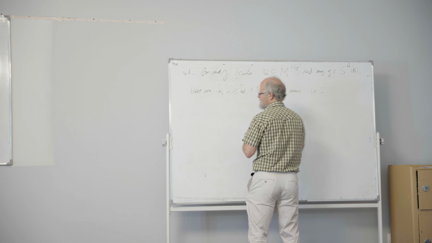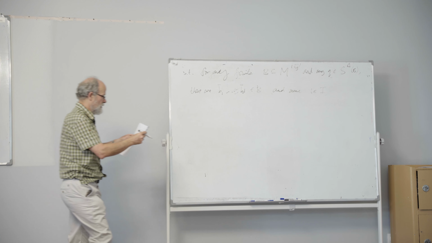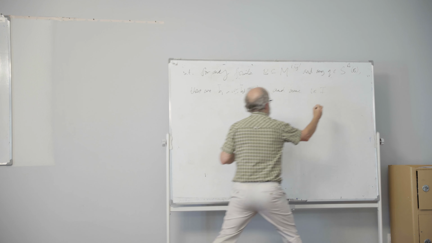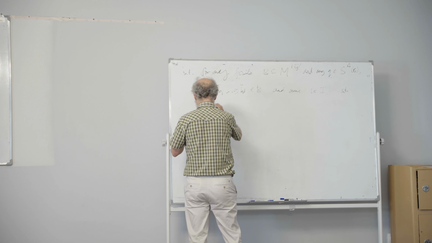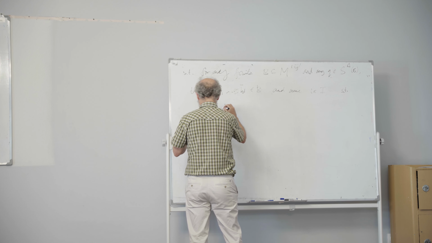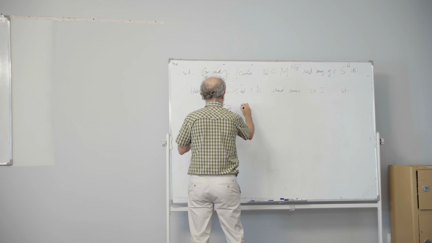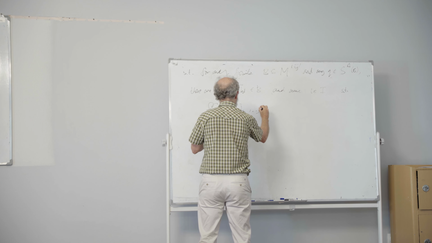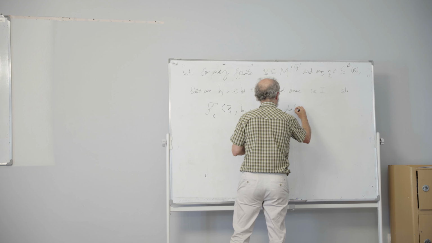So this is choosing one of these families, such that Fi of y bar, b1 up to bd, defines q.